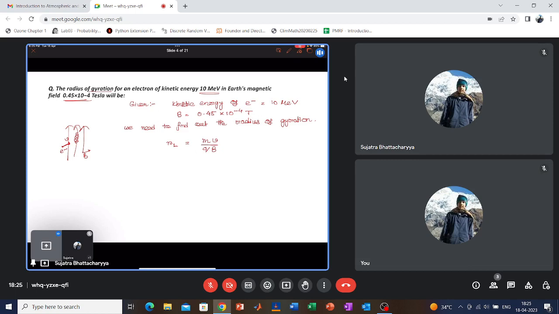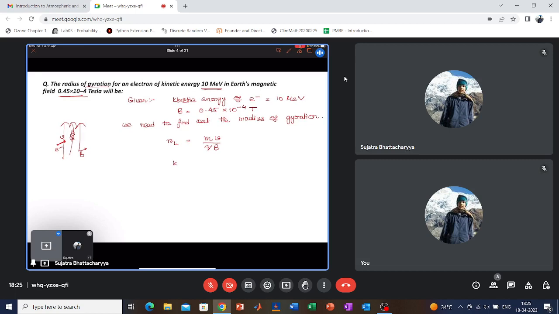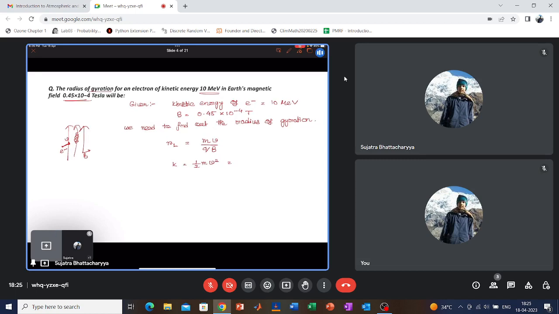Now it's mv by qB. But do we have the velocity? No. We have the kinetic energy, but we don't have the velocity. So we convert this expression for the radius of gyration in terms of kinetic energy. How will we do it? Simple. We know that kinetic energy is half mv square. Therefore, 2K by m and its root is nothing but velocity.